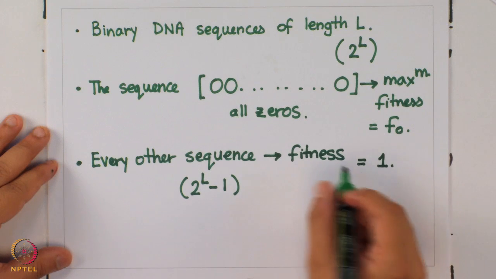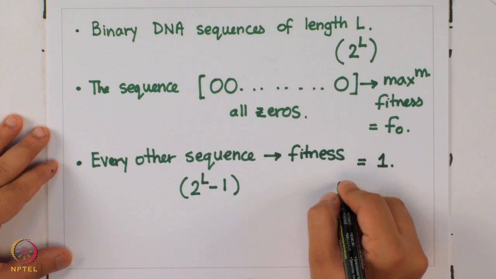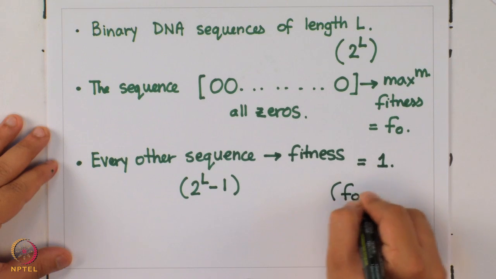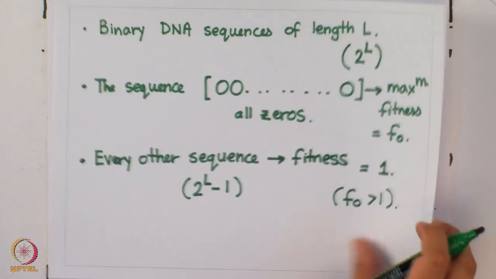So, every other sequence other than the all zero sequence has a fitness equal to 1, which implies that F naught is bigger than 1. So, what we have done by these definitions is essentially define the fitness landscape associated with this problem.